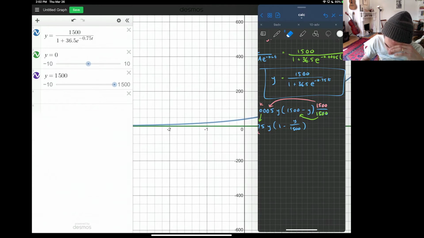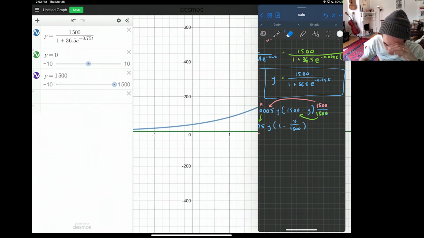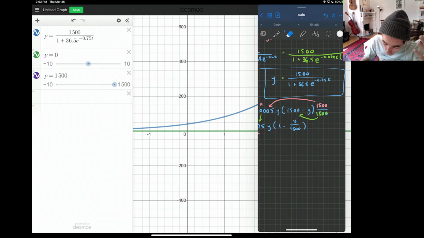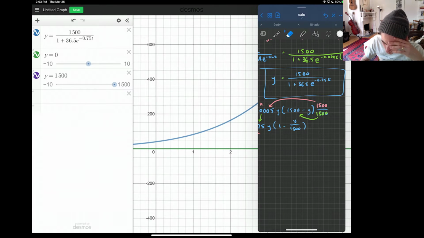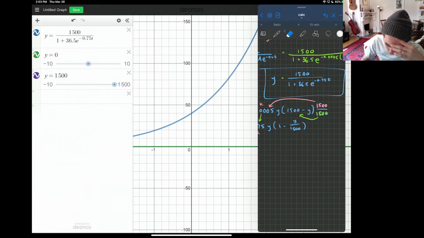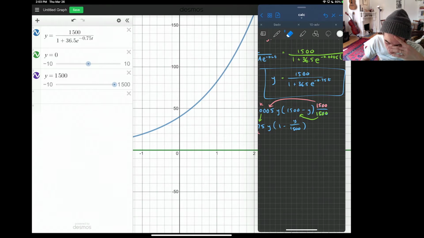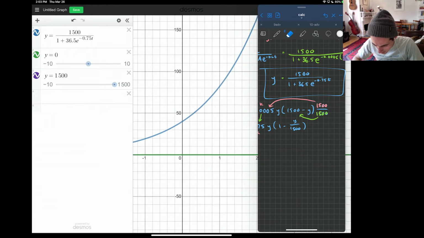And then also, you can never have a population of negative anything, right? So it doesn't make sense to talk about a negative population. And there's our initial population of 40, right? So that's all consistent with the information that we were given. So yeah, I think that's pretty cool.